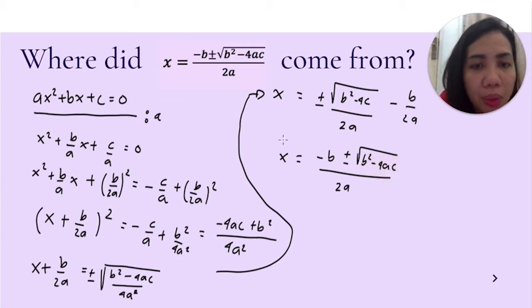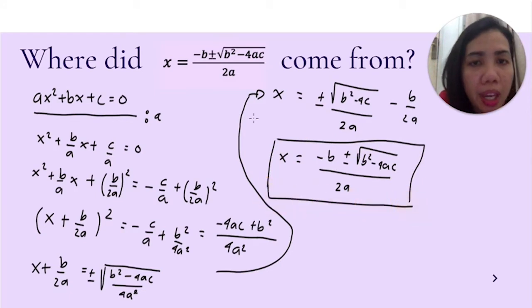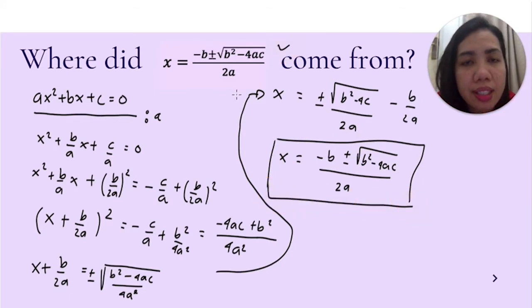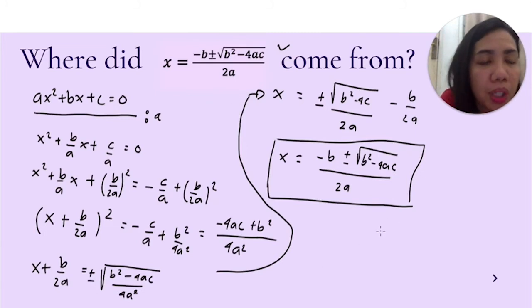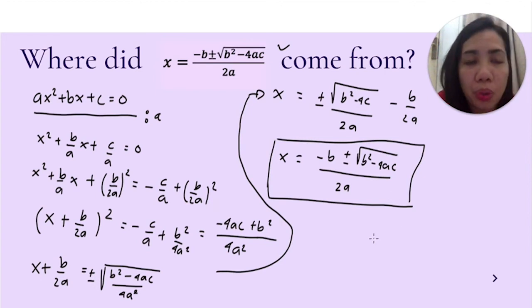Now we have the same thing as what we had before. This is the quadratic formula. Later, in the next video, we're going to see how to use this quadratic formula to solve the quadratic equation.